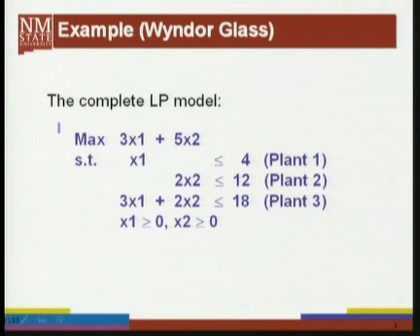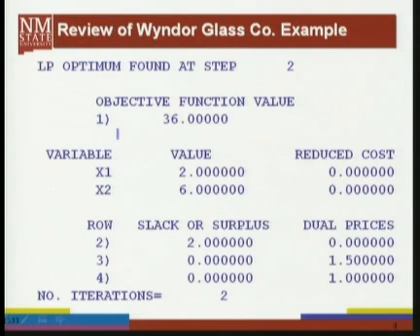Okay, so last time, to illustrate the basic concepts of sensitivity analysis graphically, we considered the window glass problem. And the complete math formulation for the window glass example is like this, right? And this is the corresponding Lindo output for the window glass example.